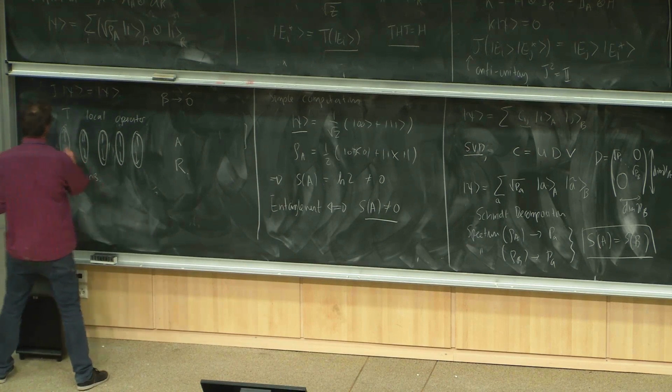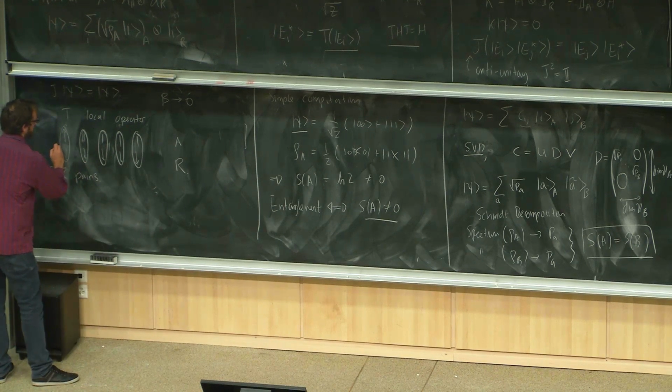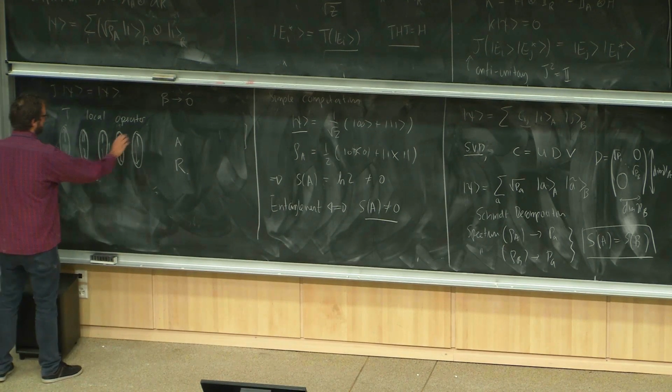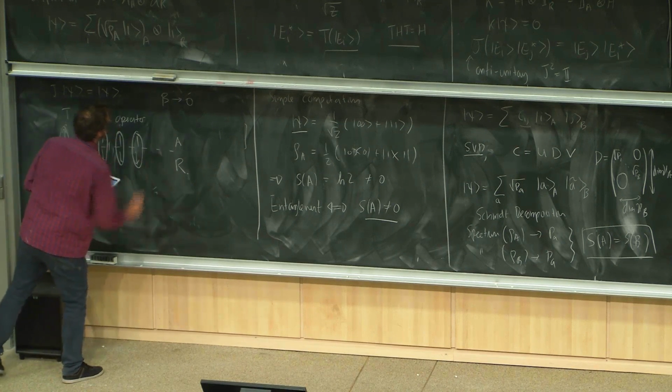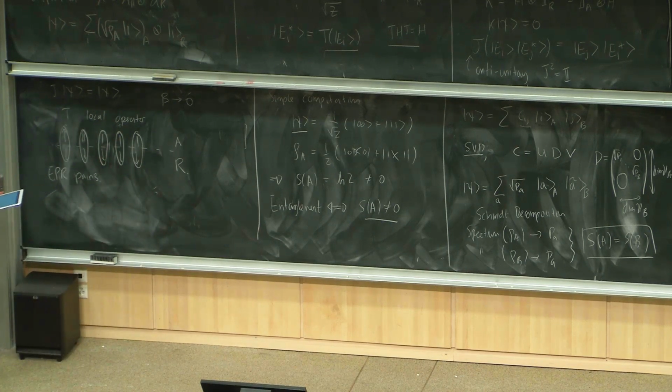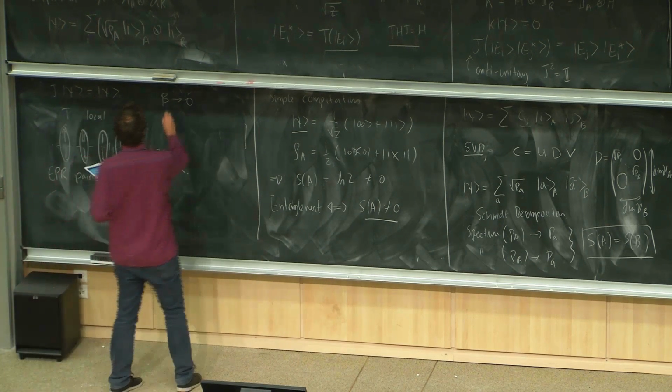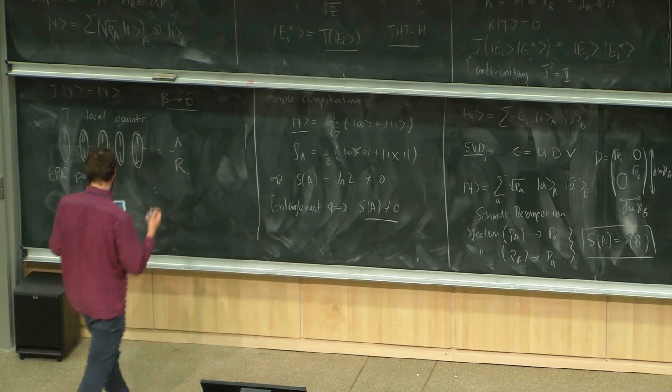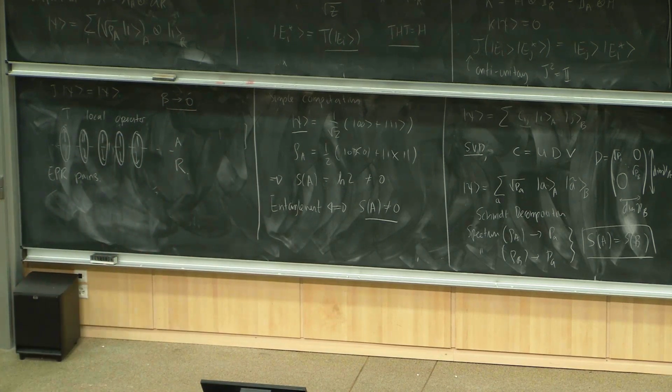The other thing to say, which is quite obvious from here, is that since these are EPR pairs, if I trace out the reference, I'll just get maximally mixed states on each side. And that's exactly what happens when I take the infinite temperature limit of the Gibbs state in this system. Okay, so that's the origin of the time reversal.